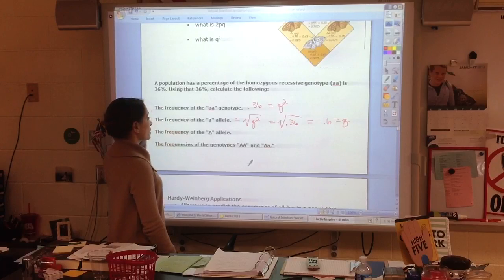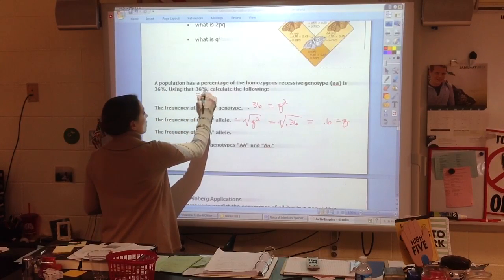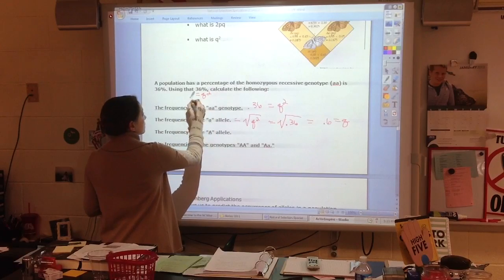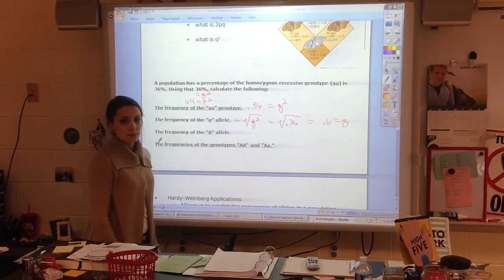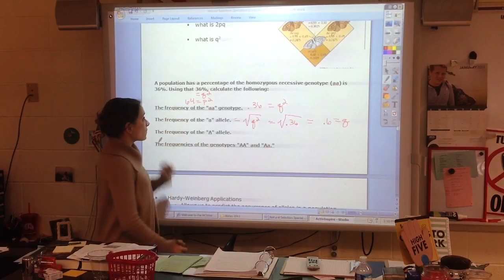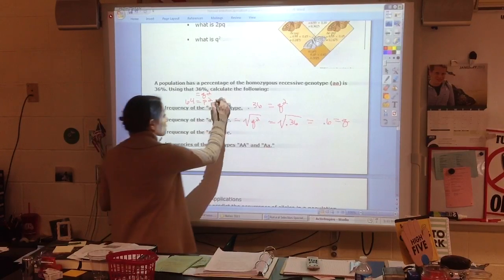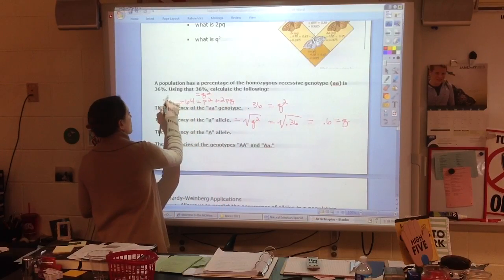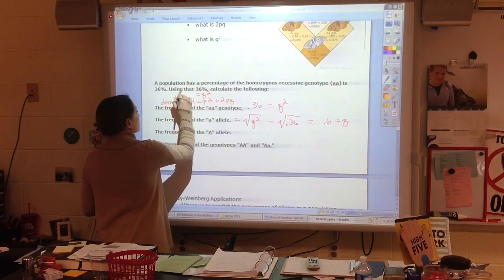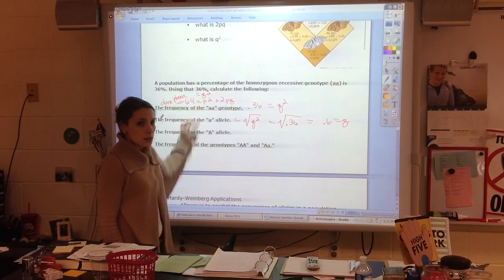Now be careful, because some people will say, if 36% equals Q squared, oh, that means 64% equals P squared. No. 64% actually equals P squared plus 2PQ. 64% is my dominant phenotype, but that's not my homozygous dominant genotype.